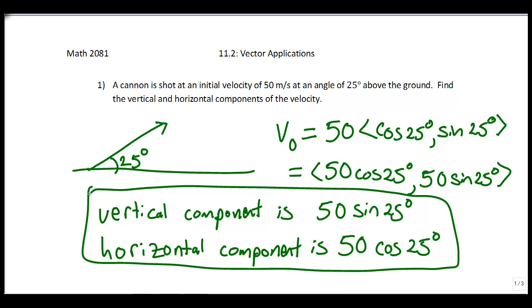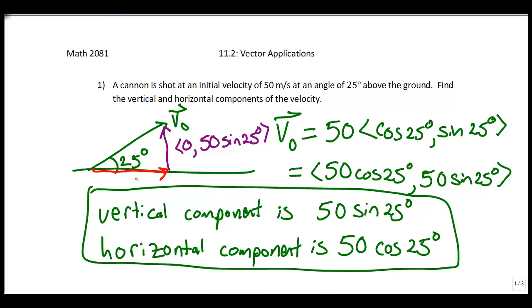So when you have a vector, you can decompose it into the vertical part up and the horizontal part down. Really what we're saying is that if our initial velocity, let's call this v naught, and I suppose I should really have a vector symbol over that, there's a vector here, this is our horizontal component, and there's another vector, the vertical component, which should be the vector 0, 50 sine 25 degrees.